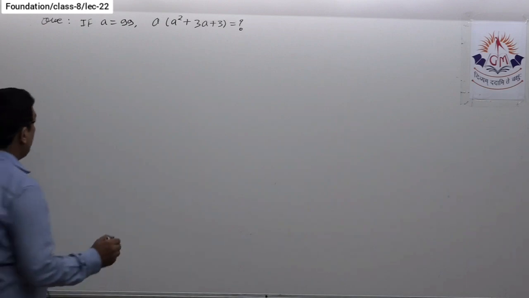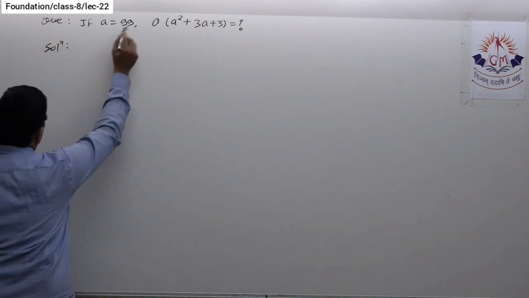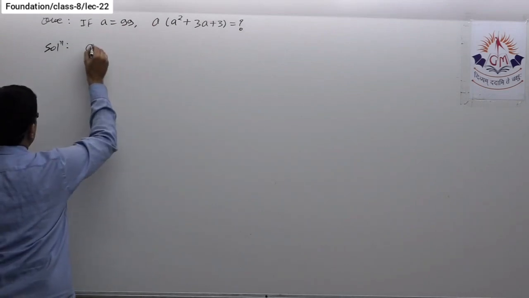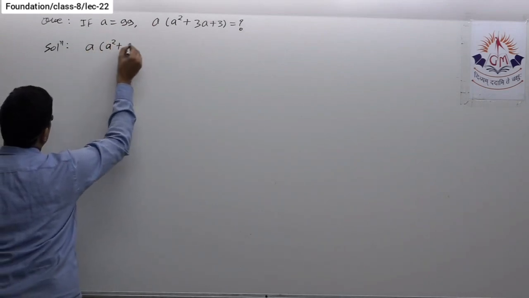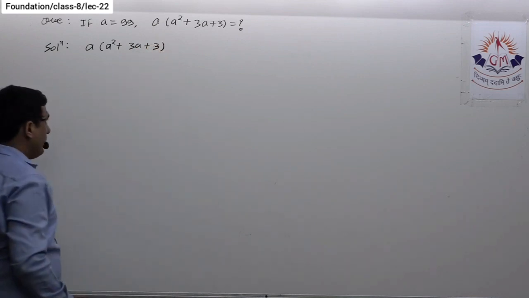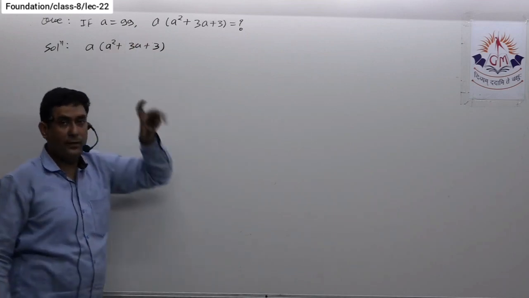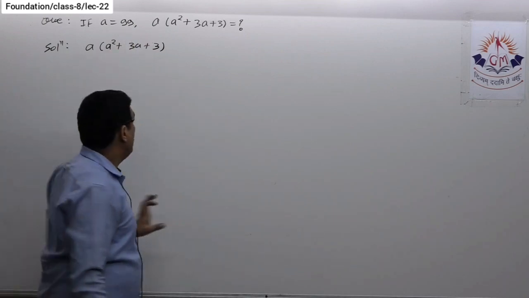Okay, let us see how to find this solution. We have A equal to 99 and we need to find A square plus 3A plus 3. The first thing that comes to my mind is that A is 99, so A plus 1 is equal to 100.